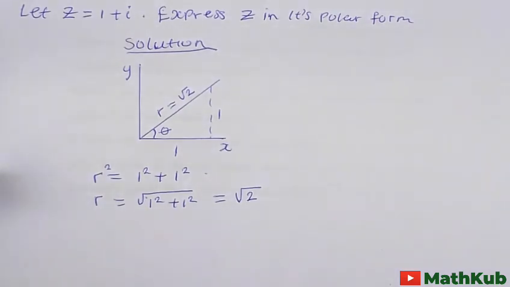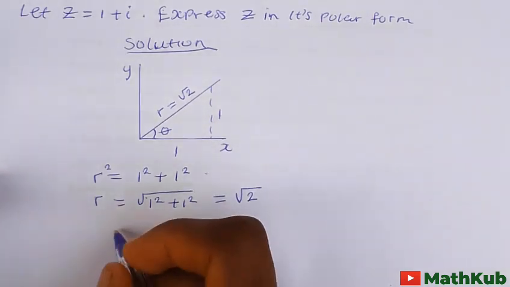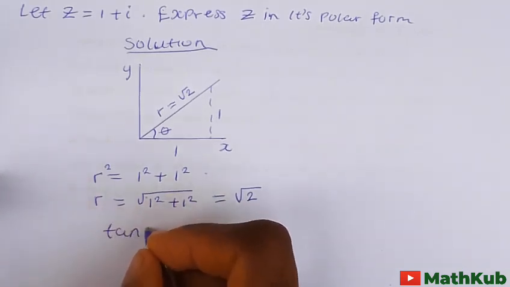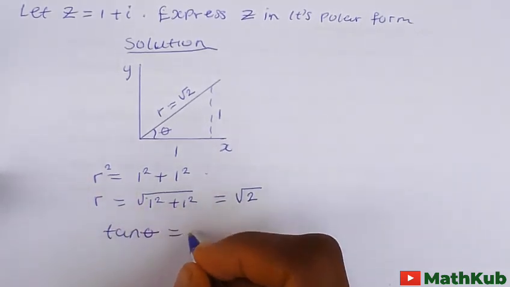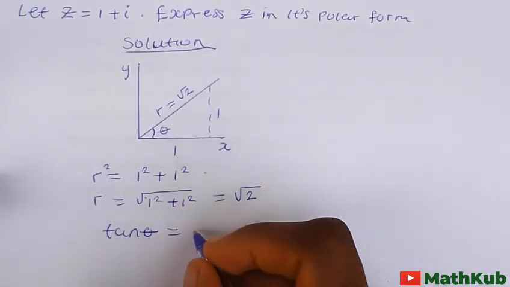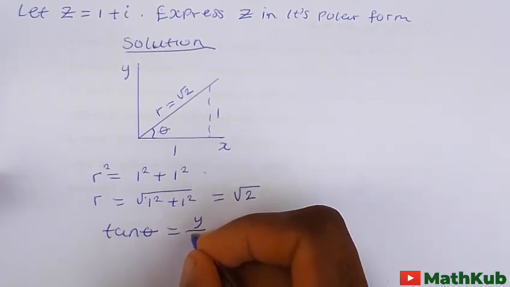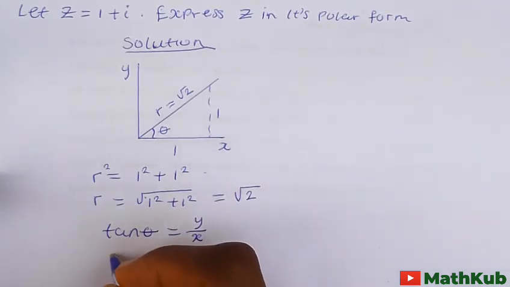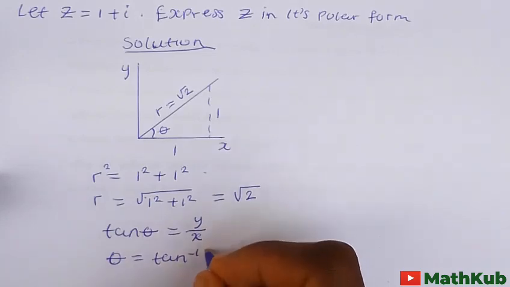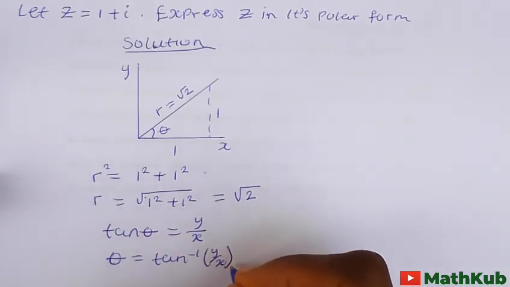To express in its polar form, we must find the value of r and theta. In this case, tan theta is equal to opposite over adjacent, which is equal to y over x. We have that theta will be equal to the tan inverse of y over x.